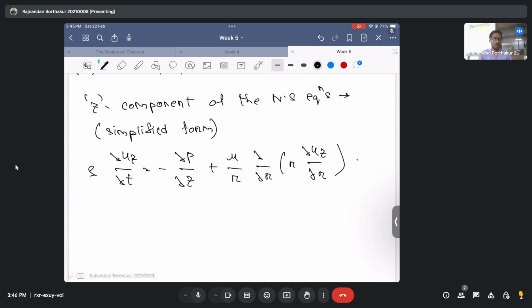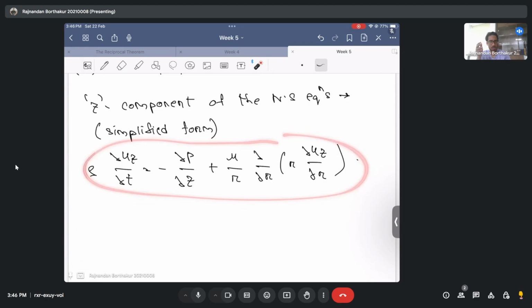I'm not starting from the big form, because I believe you are experts at these by now, because we did this repeatedly in the previous sessions and also in this week's lecture series. Okay, so just for a check, write the entire z direction equation, invoke all the assumptions that we just said, and you will end up getting this equation.